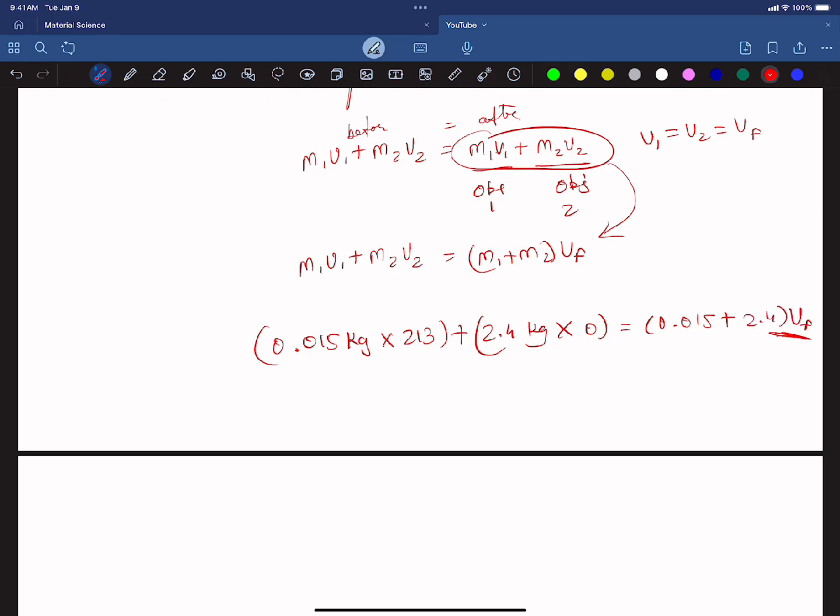Now you have to find this vf. So by solving this all, you will get vf is equal to 1.323 meter per second.